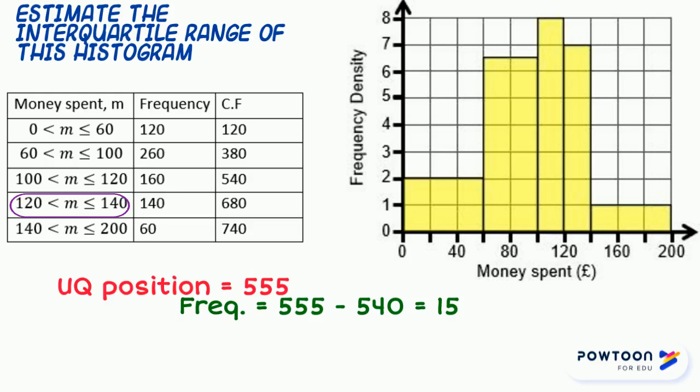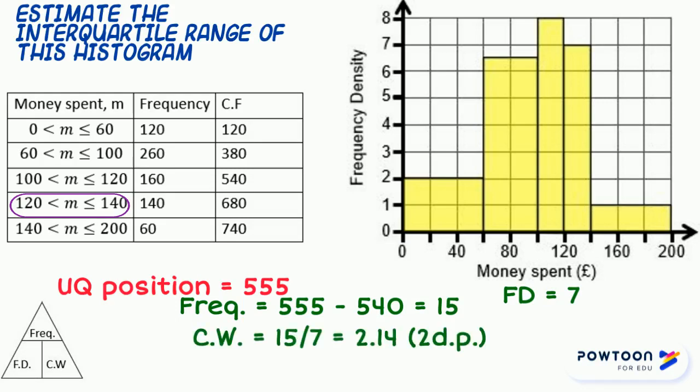Our frequency density is just 7. We find it by looking at how high the bar goes from 120 to 140. Then our class width is 15 divided by 7, so it's 2.14. This means that our upper quartile is 2.14 more than the 120, the lower bound of our interval. So our upper quartile is 122.14.